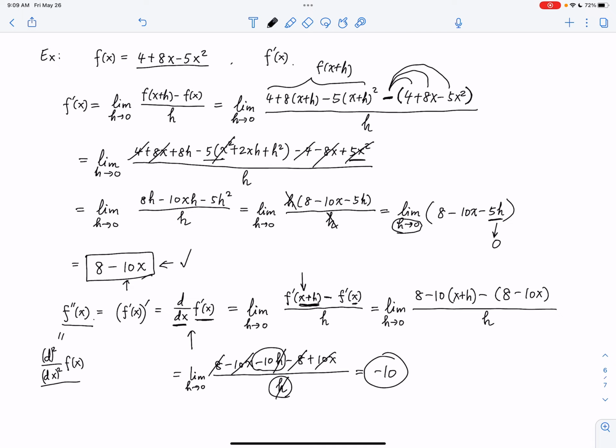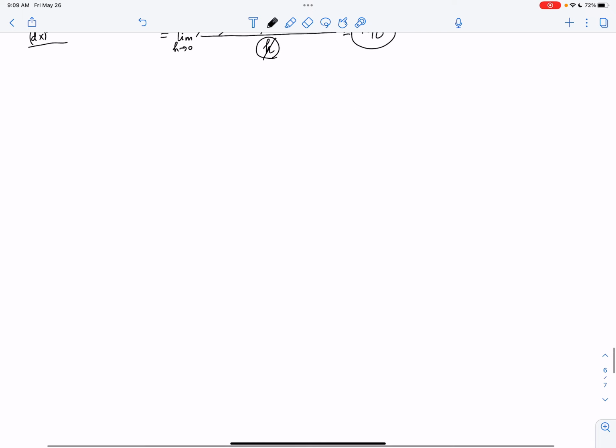All right, now that's first example. Second example, let's try to go the other way. Let's say I have the derivative. How do I get the original function? Just by looking at the form, right? So you go the other way. Instead of going from f x to f prime, you go from f prime to f.